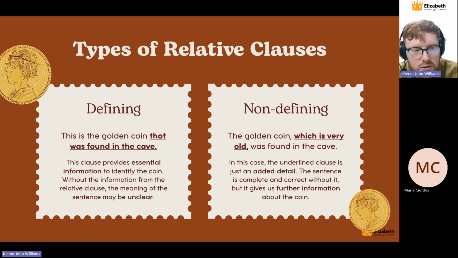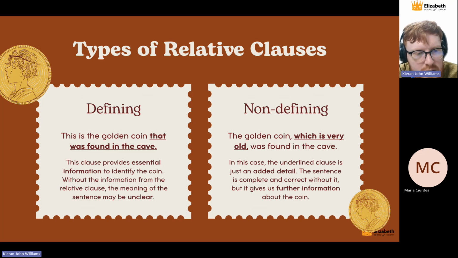The relative clause we're going to look at first of all is called a defining relative clause. It is called a defining relative clause because the relative clause gives the definition of the noun that we're looking at. It gives essential information. If the relative clause is not there, then the sentence does not make any sense.